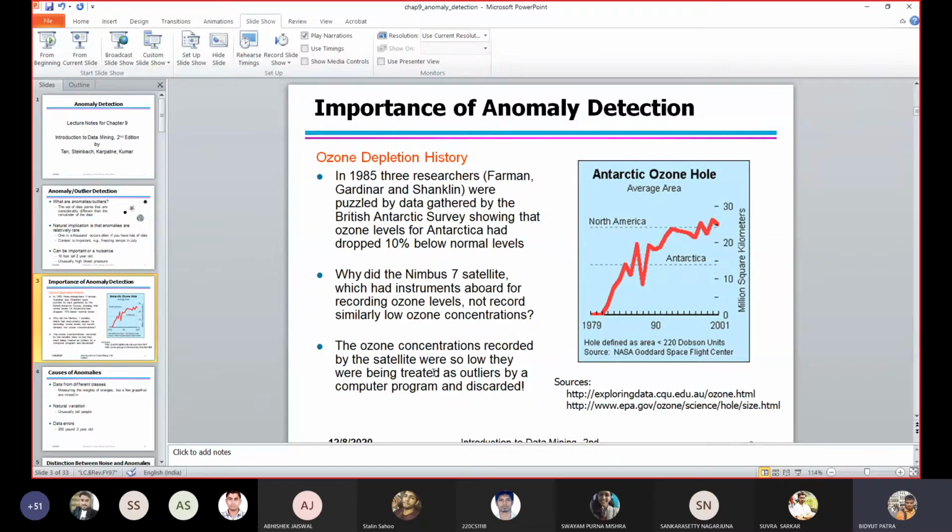They are not interested in the regular patterns. Yes, so what is the difference between noise and outlier? Noise mostly happens due to erroneous parts, and that is random. But outlier is natural.